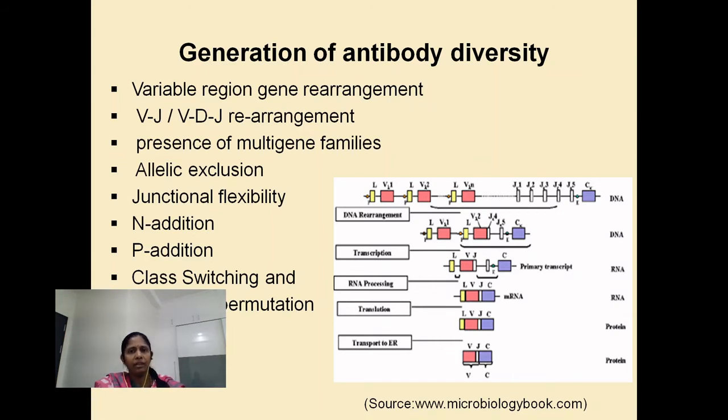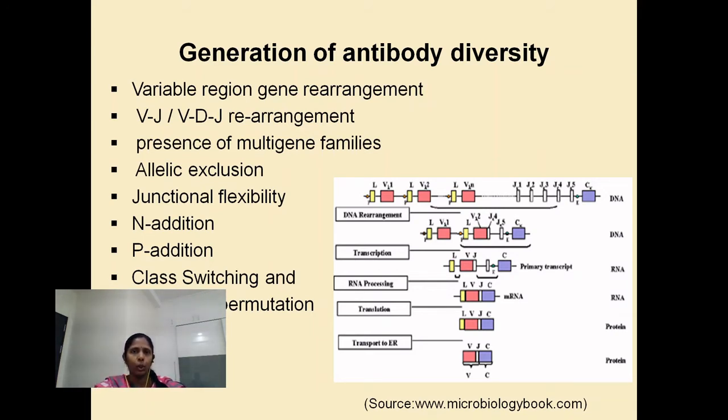A mature B cell synthesizes functional antibody molecule. Each B cell can synthesize antibody molecules with identical and single specificity. So this antibody molecule is displayed on the surface of the B cell, and such B cells are called mature naive B cells.